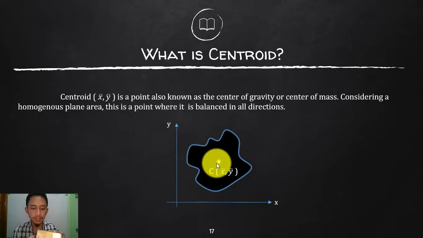The type of material is the same, and if we are talking about a solid, it should be the same thickness all throughout, so that it is true that the centroid is actually the center of gravity or center of mass. However, we are still on plane area, so we are talking only about the area itself. Later on, if we reach centroid of volume, it should be the same thickness.